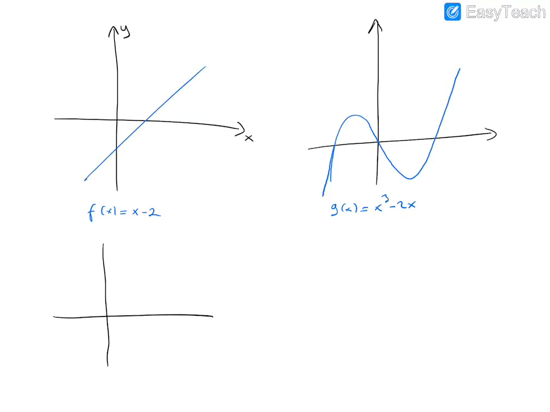So the graph of x to the power 5, like this one, by looking at the graph I'm sketching: h of x equals x to the power 5 minus 5x to the power 3 plus 4x plus 1.